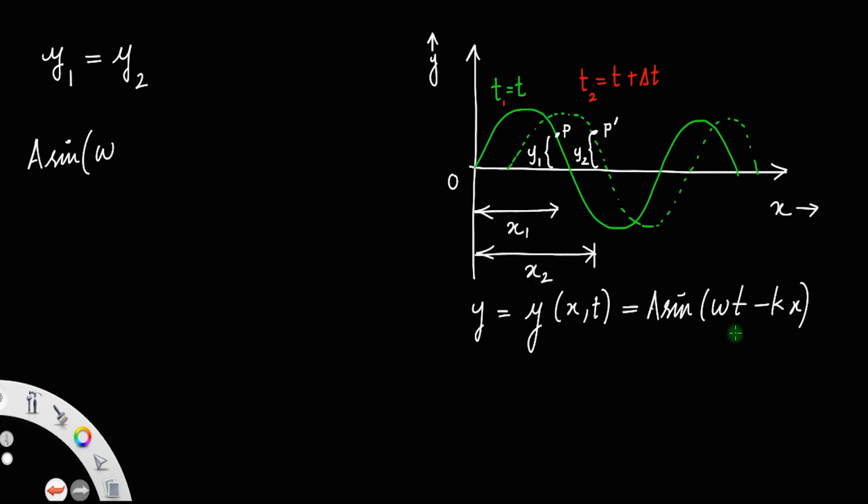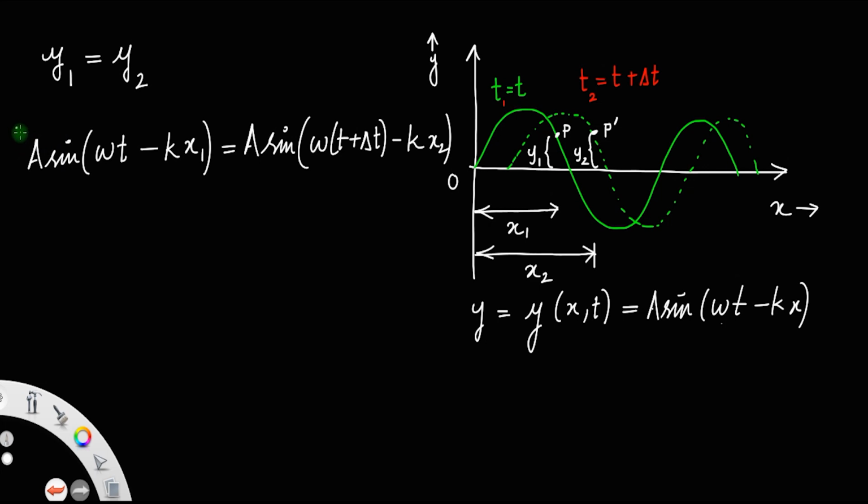So this omega, then t will be the initial time t, minus k into this distance, which is x1, is equal to; then for y2, a sine omega, the time is actually t plus delta t, minus k, x is actually the displacement x2.